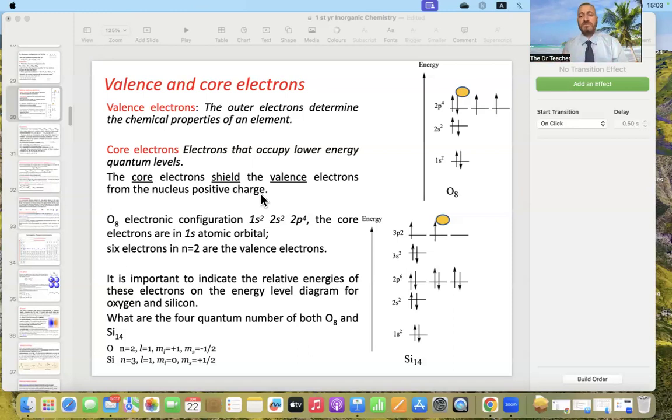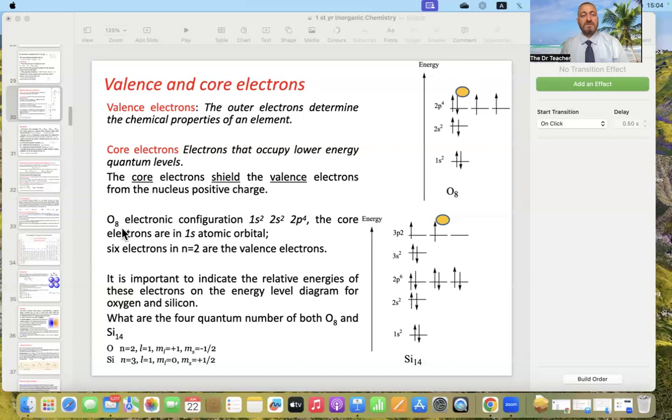Otherwise they would attract each other, combine together, and the atom would be destroyed. So the core electrons become like a shield around the nucleus, preventing the outer valence electrons from attracting the opposite charge of the nucleus.